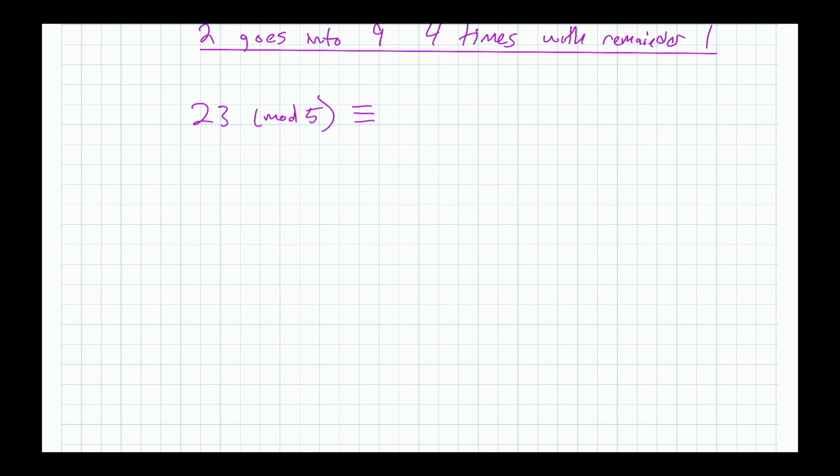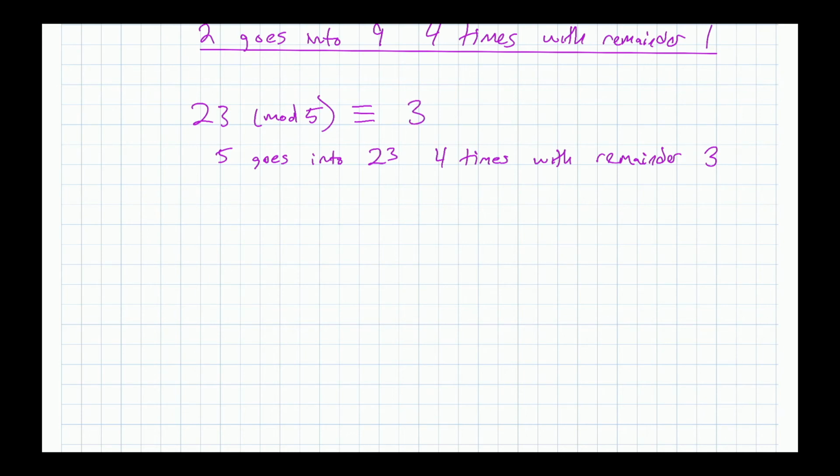Divide by 5. 5 goes into 23 4 times, right? 4 times 5 is 20. What's the remainder? 3, right? So 23 mod 5 is 3.